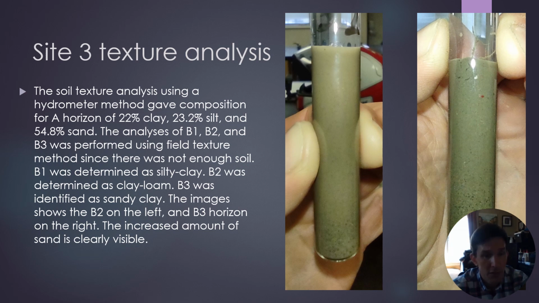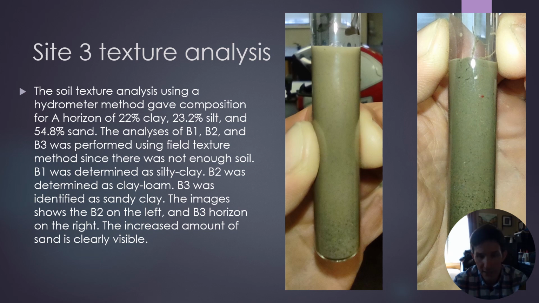And as we go down to the B horizons, we only had to rely on our field texture method, which is less precise, perhaps biased when you rub the material between your finger, especially to distinguish the amount of silt and clay.